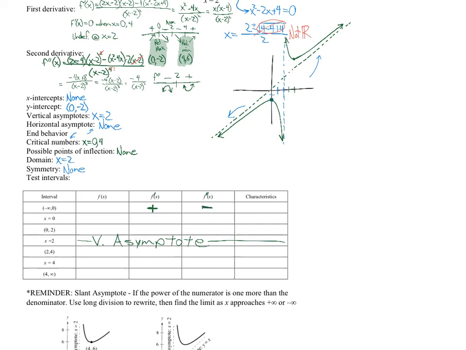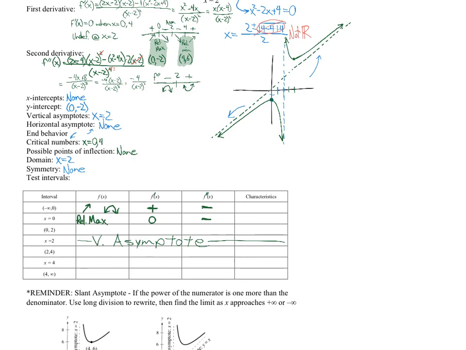So that means our function was increasing and concave down. At 0, the first derivative was 0, and by the way, the second derivative was still negative, which means by the second derivative test, it's a max. We showed it was a max with the first derivative test as well. So we have a relative max point here.